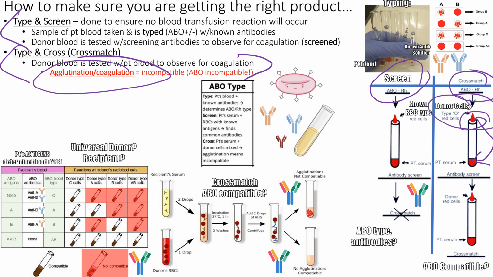So again, we take a known RBC type, the patient's serum. We drip in some plasma there, and if the antibody in that plasma attacks the patient's blood, that means that's not the type they are, right? And you can do some reverse engineering and figure out what blood type they are.